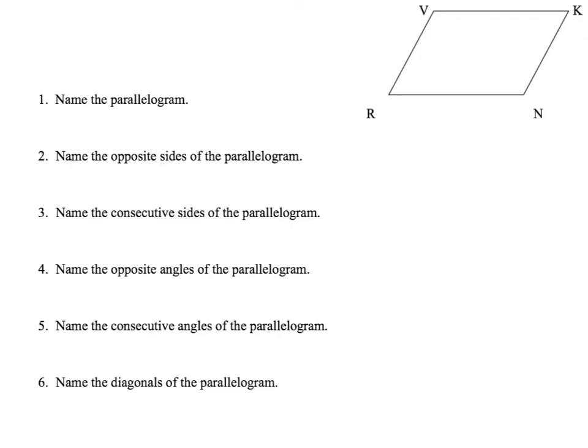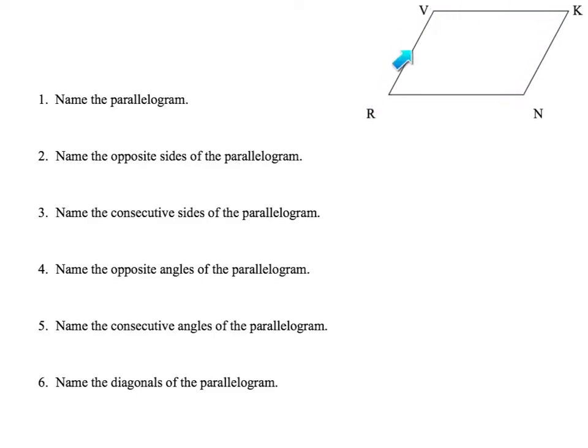Now, when we're working with this parallelogram, I basically just told you the name. It's a 4-sided figure, and when you name any polygon, you have to start off with one vertex and go either clockwise or counterclockwise. So if I start off with R and I choose to go clockwise, I would name this parallelogram R, V, K, N. I can't jump around.